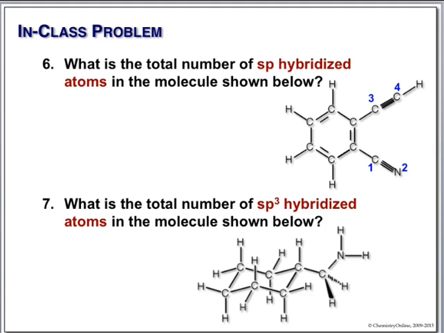This is a 6-carbon ring. The geometry that it's drawn in is the lowest energy geometry for a 6-carbon ring. We will spend pretty much an entire chapter talking about the geometries of these particular compounds. But how many sp3 atoms do we have here?